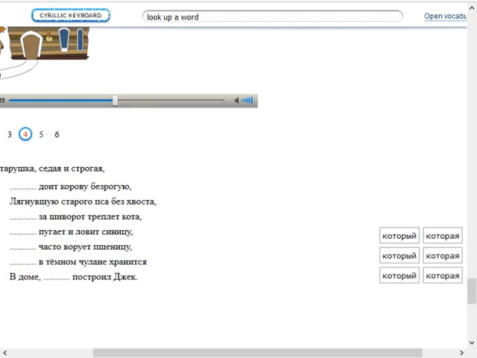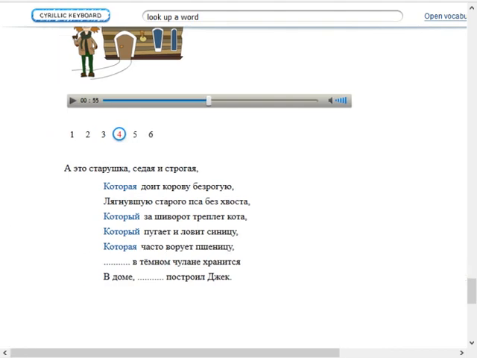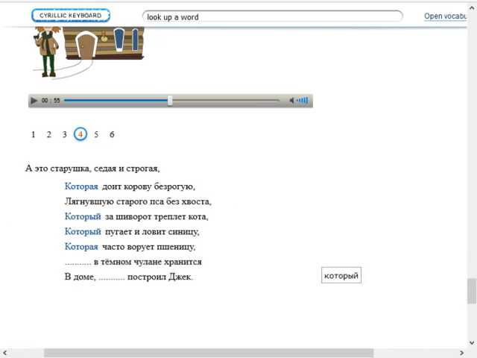Let's see. So that's которая because it's a woman, and then this is который because it's the dog, and this is about the cat, and then this is about that thing, and then this is about the house again.